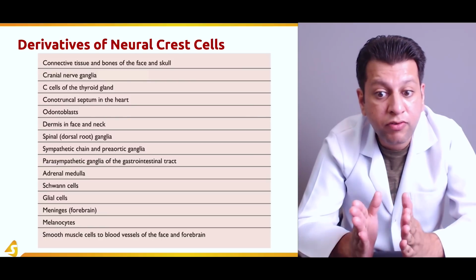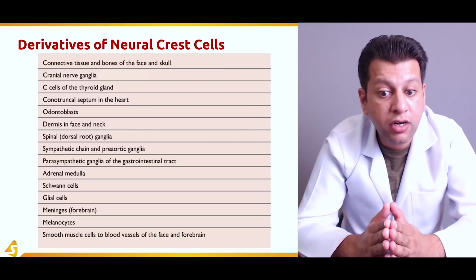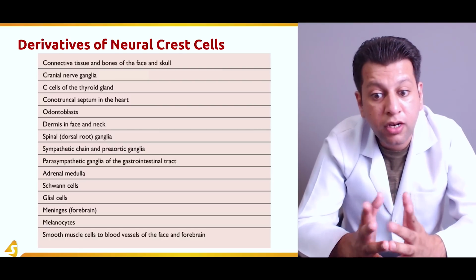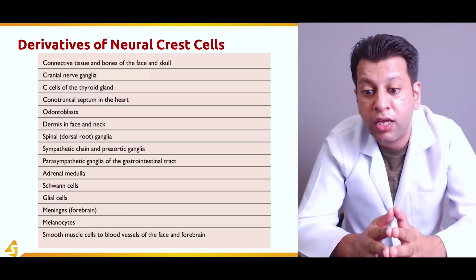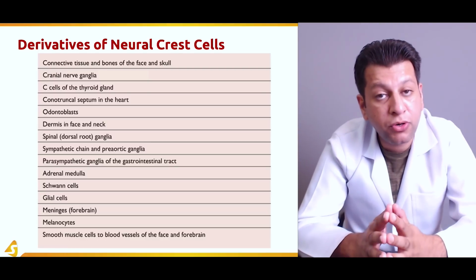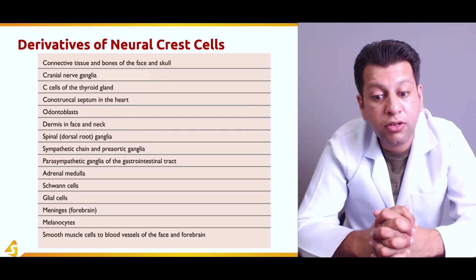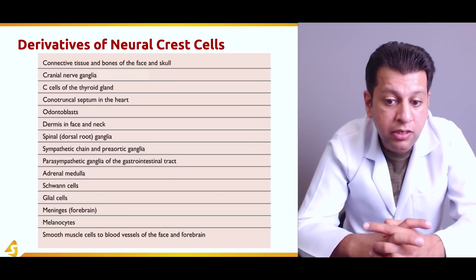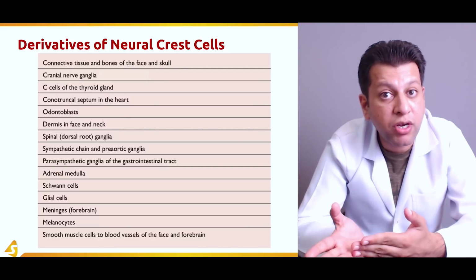They form C cells of the thyroid gland, conotruncal septum of the heart, odontoblasts, dermis in the face and neck, spinal or dorsal root ganglia, sympathetic chain and pre-aortic ganglia, parasympathetic ganglia of the GIT, adrenal medulla, Schwann cells, glial cells, meninges, melanocytes, and smooth muscle cells of the blood vessels of the face and forebrain. So these are all the derivatives of neural crest cells.